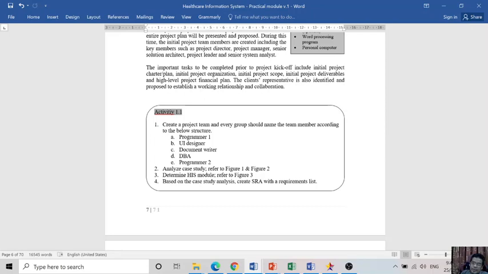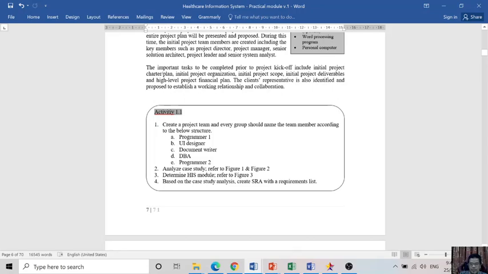In this lab, I attach one case study. What you need to do is analyze and read the case study, refer to figure 1 and figure 2, and then determine the HIS modules. HIS is the short form of healthcare information system.